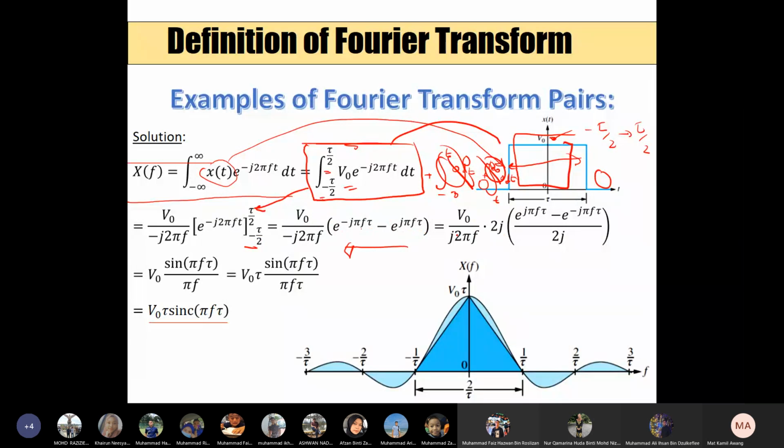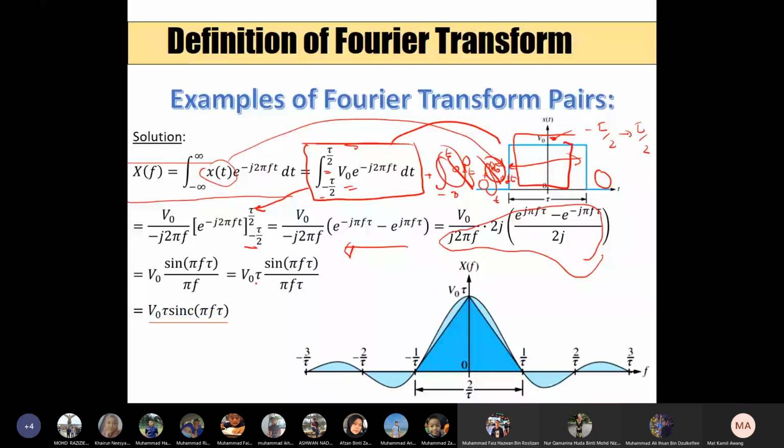So this can be written as V naught over pi f times e to the j pi f tau minus e to the power of minus j pi f tau divided by 2j. So this is actually the sine function of pi f tau over pi f, times V naught.